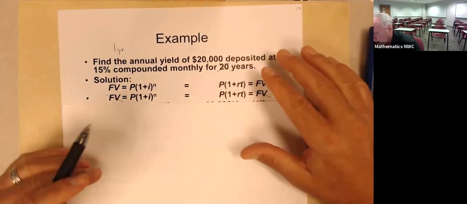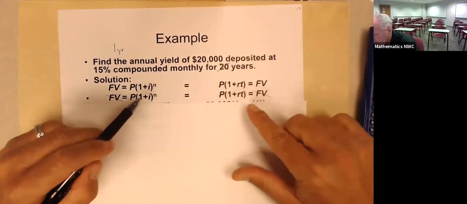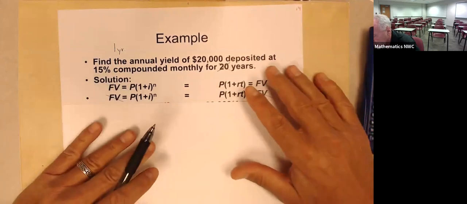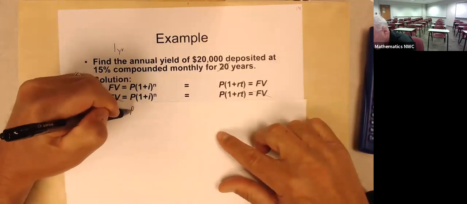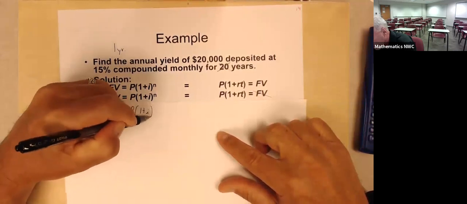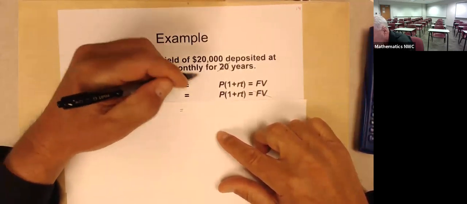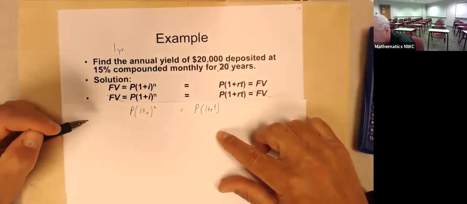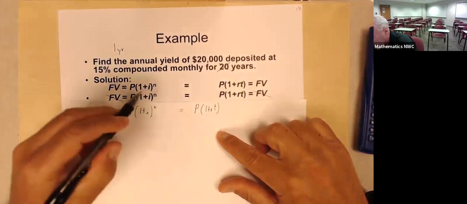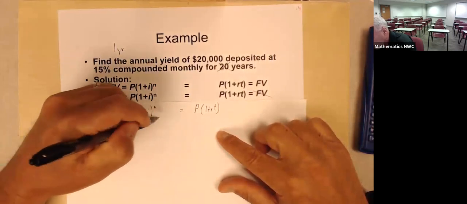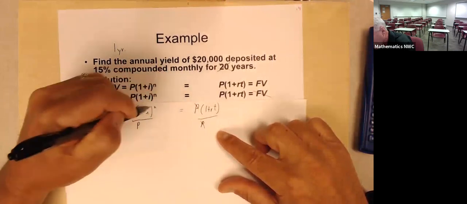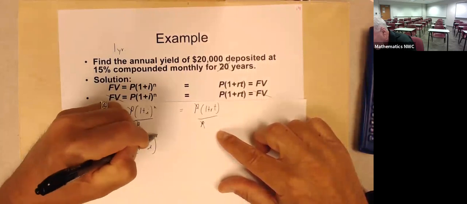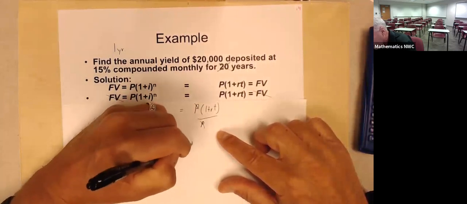Because these are all going to be equal, I can cancel off, and I'm looking at these two right here. Principal times 1 plus I to the nth has to be equal to principal times 1 plus r to the t. Well, it's an equation here, which means I could divide both sides by the principal. And what I would get would be 1 plus I to the nth equals 1 plus RT.